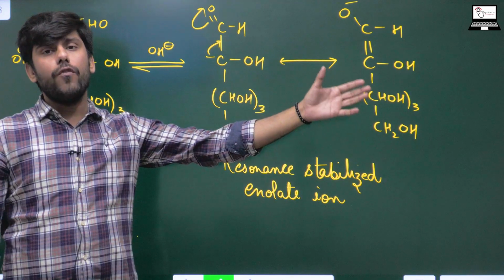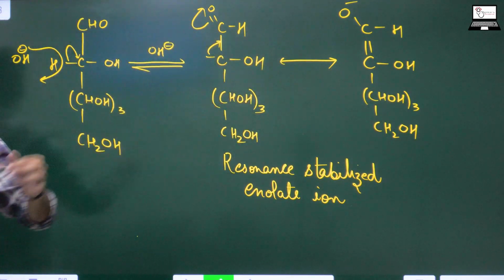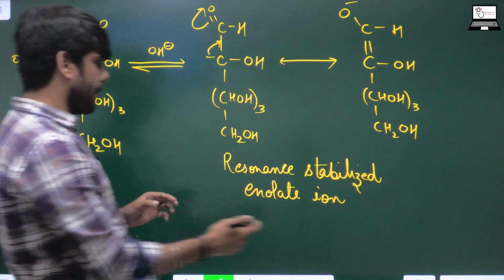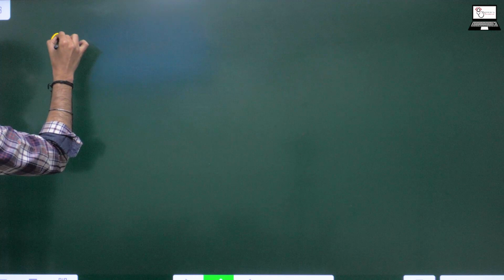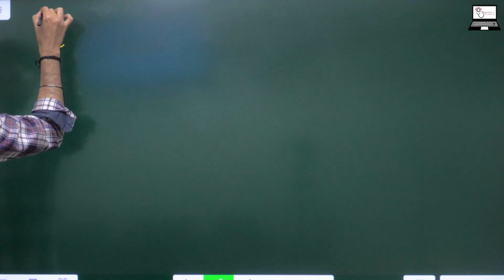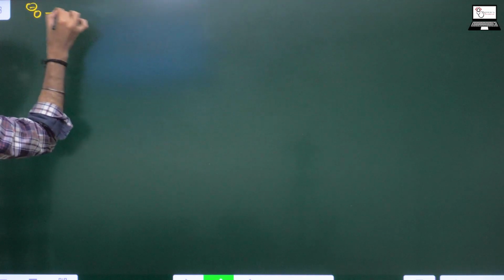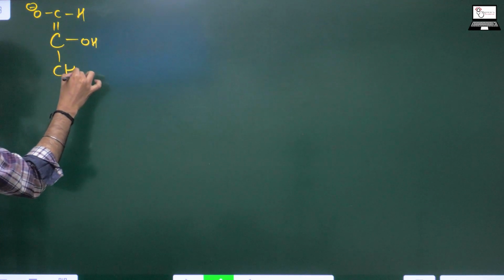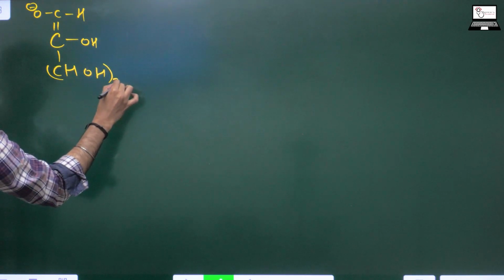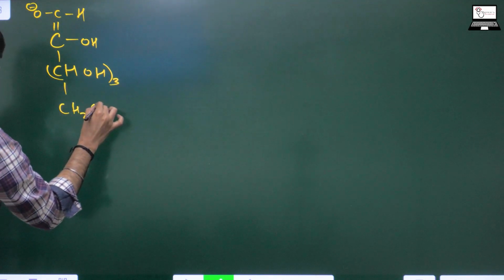Now, if we perform the protonation over here, let us see how we will get ketose, right? So now, I'll take this negative, this is OH. Here I'll get CHOH whole thrice, and this is CH2OH.